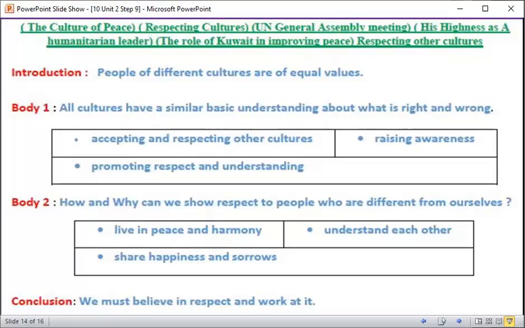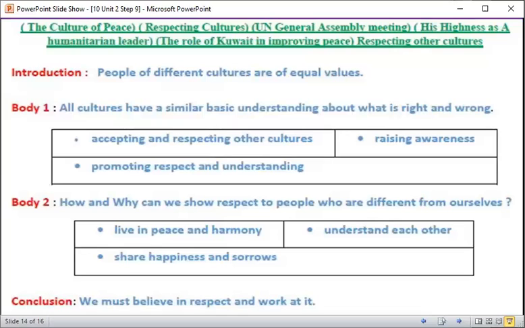In body paragraph 2, I have a topic sentence, or the main idea, which is how and why we can show respect, or how we deal with people of different cultures. Like, we have to live in peace and harmony, we have to share happiness and sorrow, we have to understand each other, we have to tolerate. This is very important, to tolerate other people, to accept their beliefs, their opinions, their creeds, and so on.